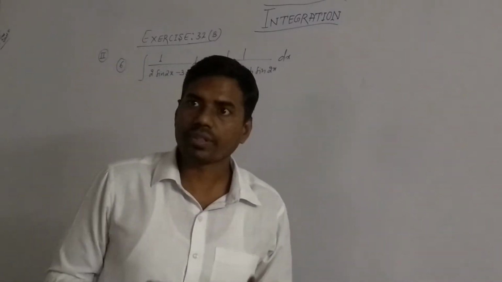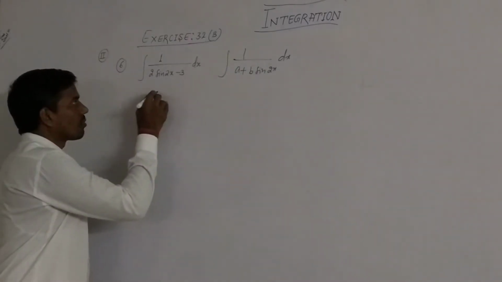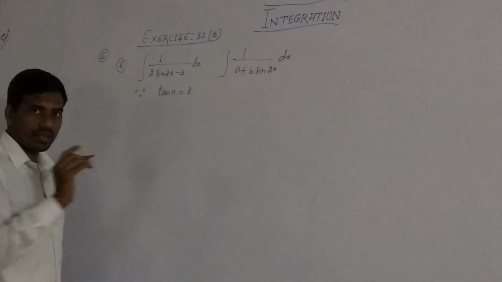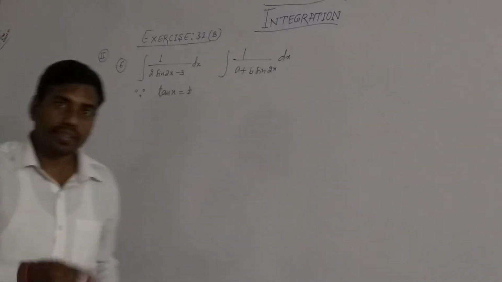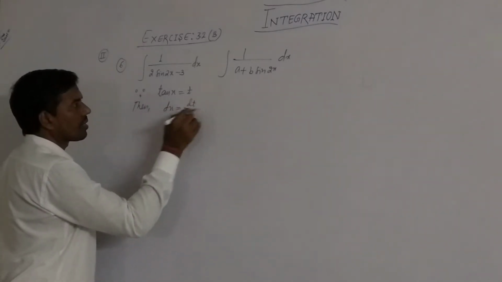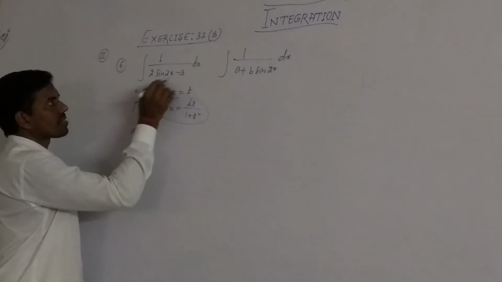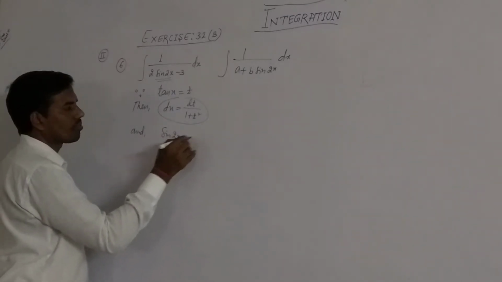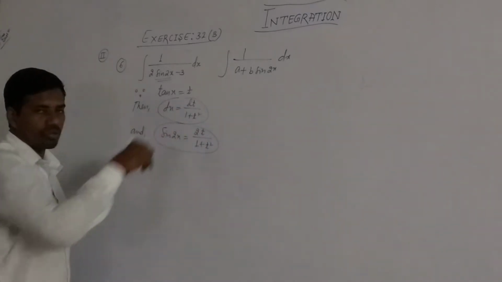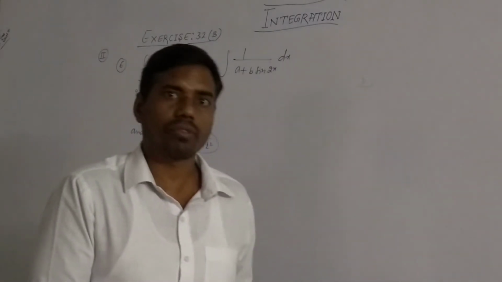We know that in such type of integral we have to assume tan x is equal to t. Since tan x is equal to t, we have dx is equal to dt upon 1 plus t square, and sine of 2x is equal to 2t upon 1 plus t square. So these two are our substitutions for such type of integrals.